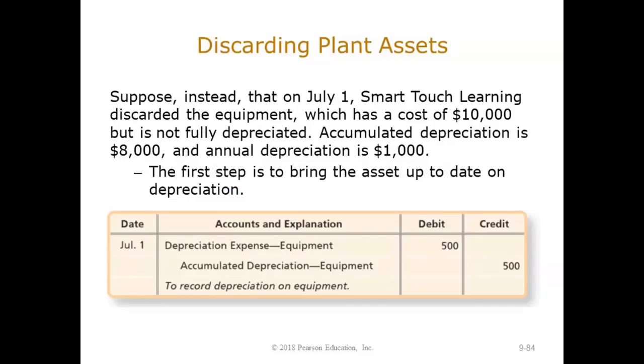What we have to do here is bring the asset up to date for depreciation. So on July 1, we have to figure out half a year's worth of depreciation. Half of $1,000 is $500. So I'm going to make a debit to depreciation expense for $500 and a credit to accumulated depreciation of $500, again to record the depreciation expense.